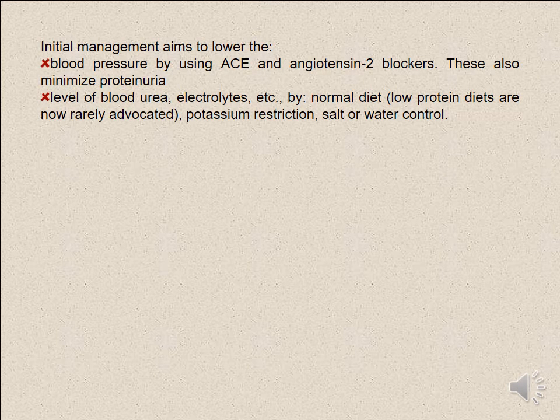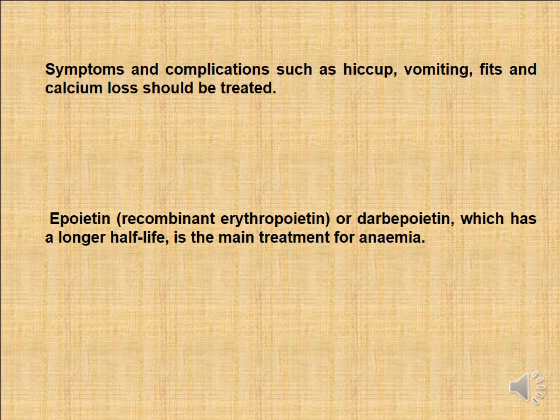Initial measures aim to lower the blood pressure by using ACE inhibitors and angiotensin-2 blockers. This also minimizes proteinuria. Blood urea and electrolytes are managed by a normal diet; low protein diets are not rarely advocated, with potassium restriction and salt and water control. The symptoms and complications such as hiccups, vomiting, fits, and calcium loss should be treated.